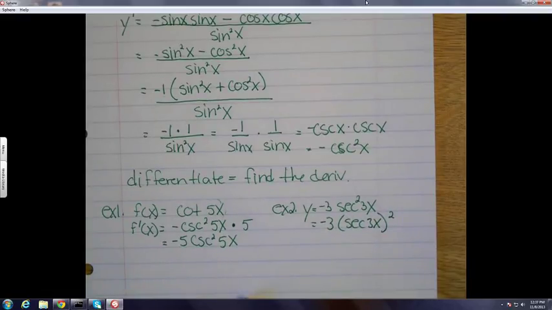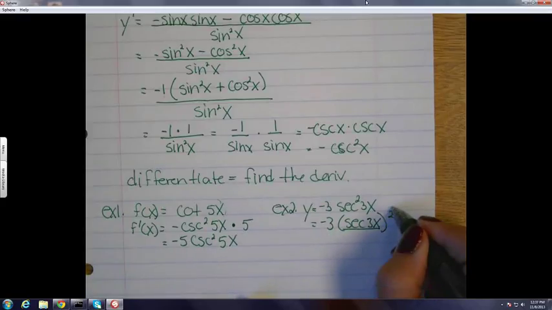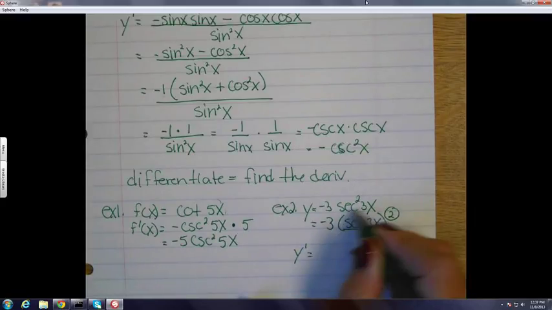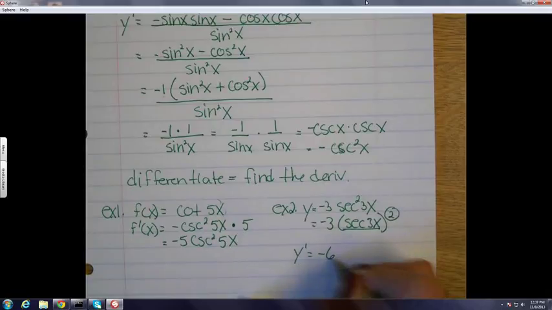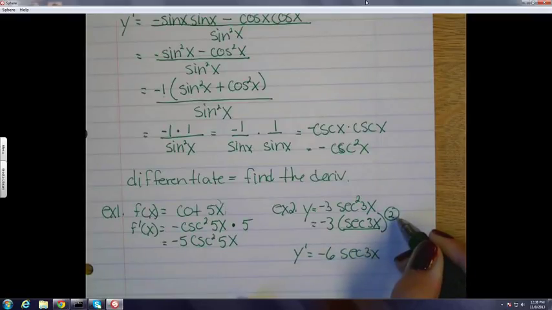Now I can see I have to do a chain rule because there's an inside of the parentheses and an outside power. So I'm going to start with the outside. So the derivative will be negative 6. Just bringing that down. The inside to the 1 less power. That'll be the first, so I'm not even going to bother with that.